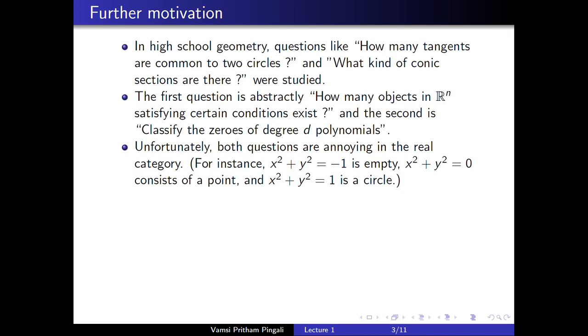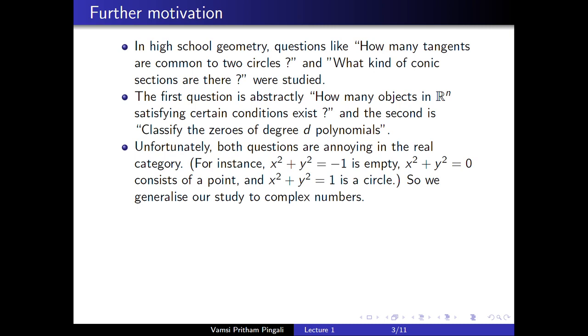So depending on the sign of the number on the right hand side, you get very, very different sets. On the other hand, if we use complex numbers, then x squared plus y squared equals minus 1, 0 and plus 1, they're all on the same footing. Similar kinds of answers are expected in all three cases.